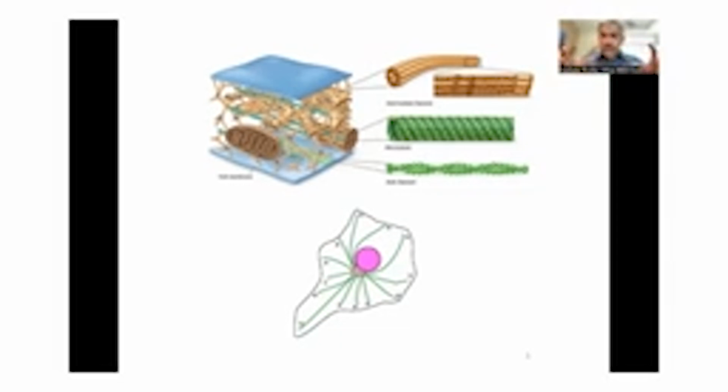This is just to bring you back to this image of all the cytoskeletal components that we talked about and discussed, the intermediate filaments, the microtubules, the actin filaments.